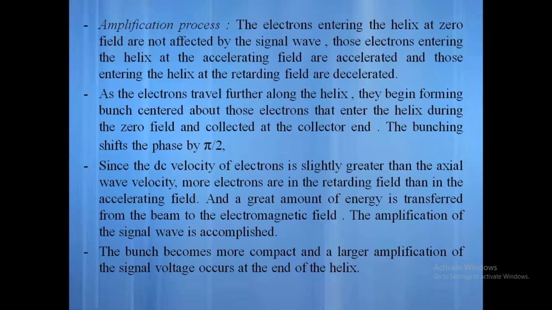Due to the retarding field, meaning the negative cycle, there is a chance of getting more energy, meaning a great amount of energy is transferred from the beam to the electromagnetic field present around the axial field, which is transferred to the helix. The amplification of the signal wave will be accomplished. The bunch becomes more compact and a larger amplification of the signal voltage occurs at the end of the helix. This is the amplification process that we get.